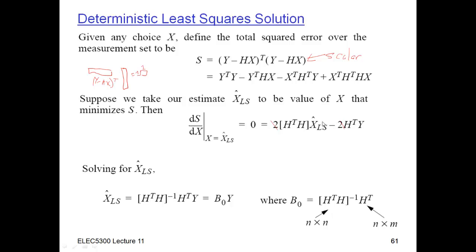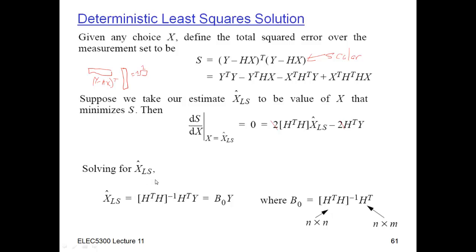So x hat LS is just going to be equal to H transpose H inverse times H transpose y, and that I'm going to call B0 y. This is the function for B0, and sometimes this thing is called the pseudo inverse.